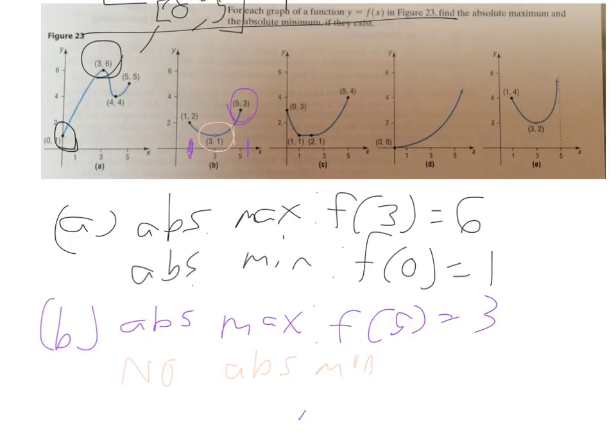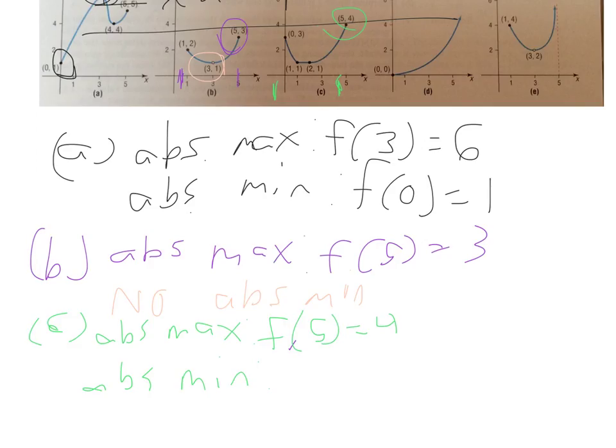Alright, and for part C, it is closed from 0 to 5. The absolute maximum occurs at x equals 5, and that's at 4.